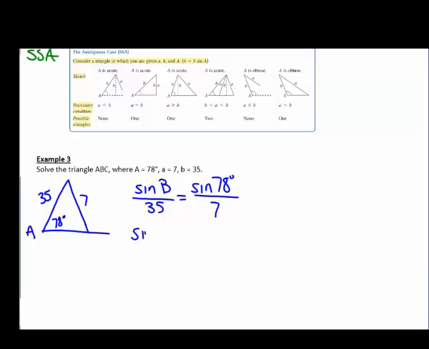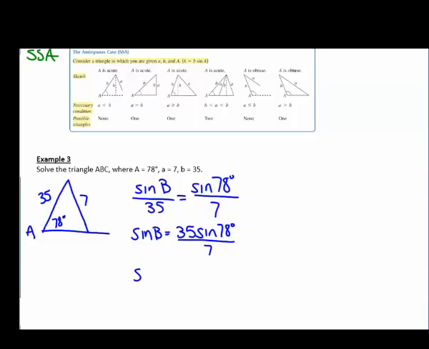All right, so now sine of B is going to be equal to 35 times the sine of 78 degrees, all over 7. Again, when you plug this into the calculator, please make sure that your mode is degrees, otherwise you will get it wrong.